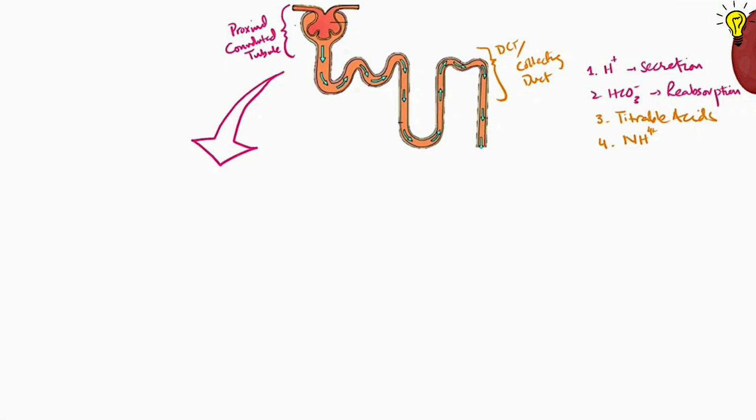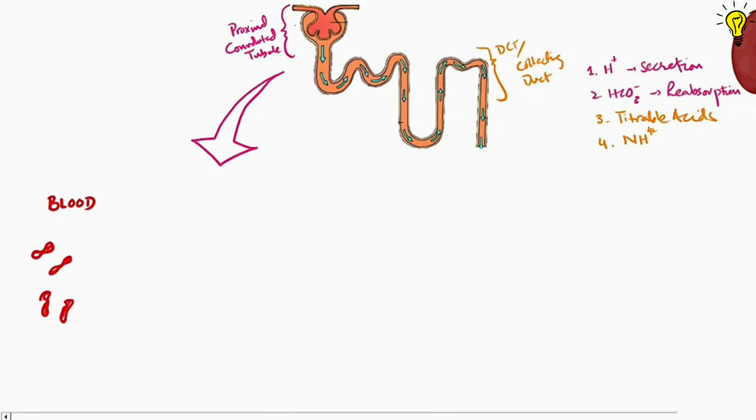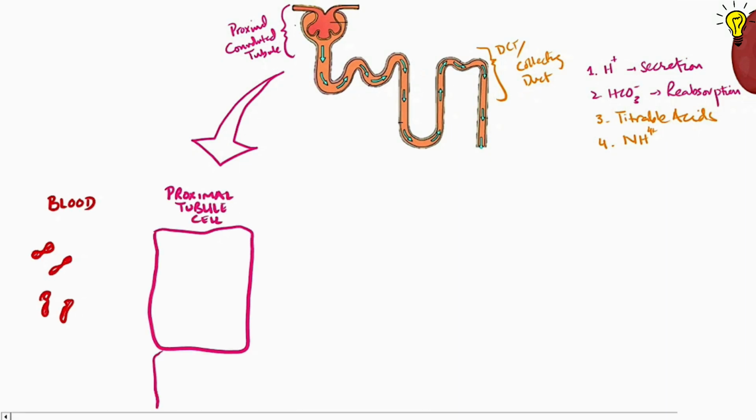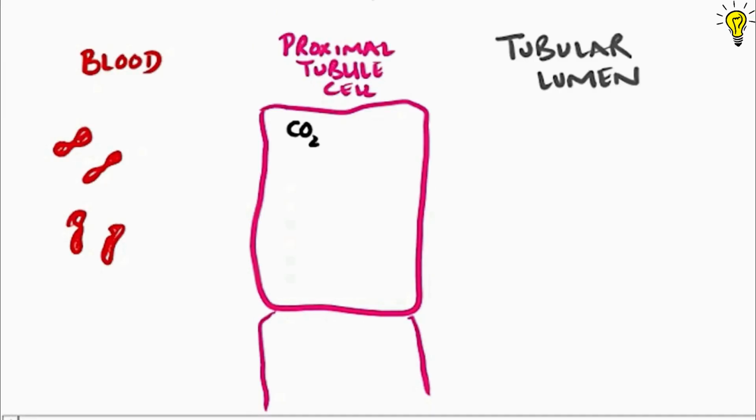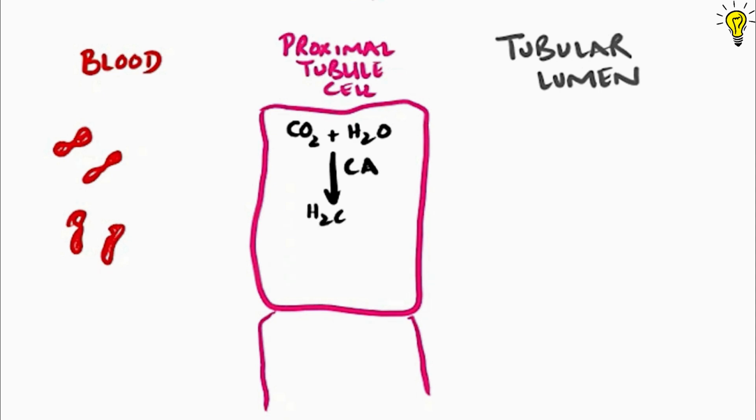Let's dive into the proximal tubule. Now remember, urine is being made in the tubular lumen, right? So in the cells of the proximal tubule, the carbon dioxide hydrates under the carbonic anhydrase enzyme, forming carbonic acid that further dissociates into hydrogen ion and bicarb ion.